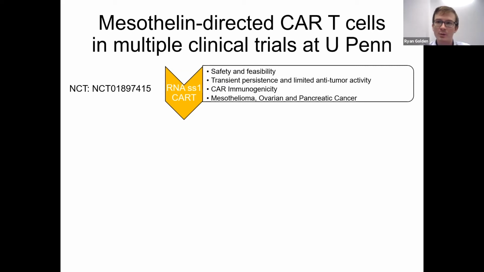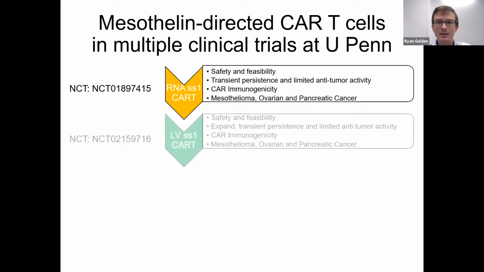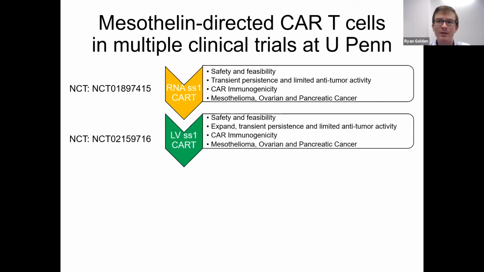This was performed in a range of patients with diseases from mesothelioma, ovarian, and pancreatic cancer. Secondly, once safety was established through that method, a more stable expression method using a lentivirus to deliver the CAR was performed. So this was another trial, again testing the SS1 CAR, but this time using lentivirus.